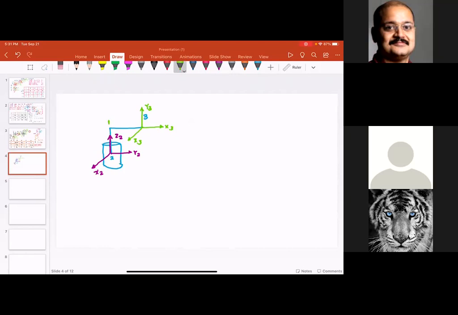And then I would assume this distance as A4. Then you would be able to complete the table for the DH parameter without any problem.